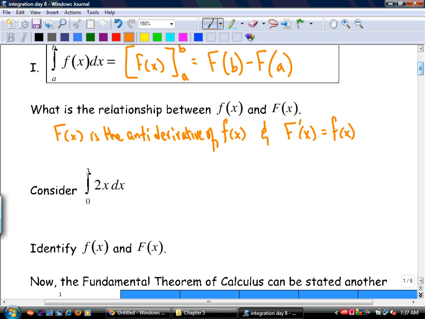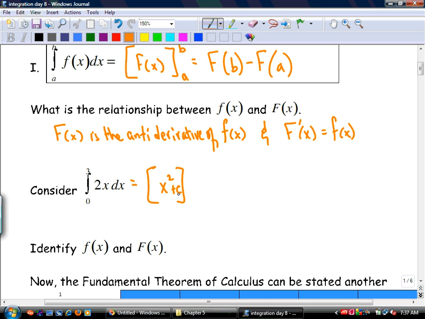Okay, and now we'll do section 9. It gets a little bit more technical. So consider the antiderivative between 0 and 3 of 2x dx. What we did yesterday is we took the antiderivative of 2x and we said it was 2x squared over 2, so it's just x squared plus c.